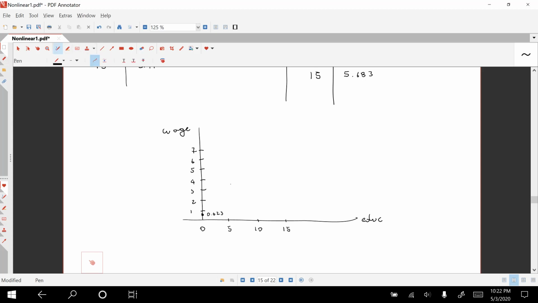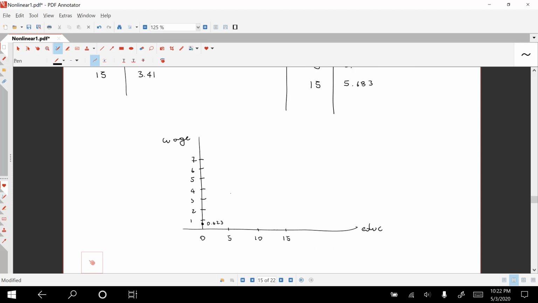So that's 0.65, 3.5 at 5, and at 15, almost 6. Okay, so that's slightly better. So that's the estimated relationship for males.